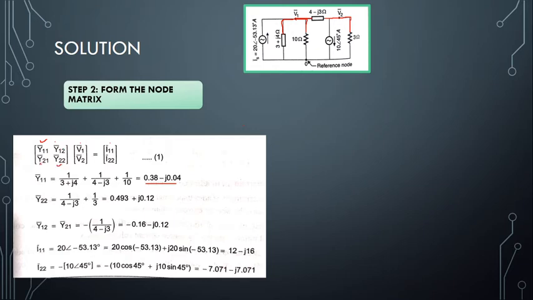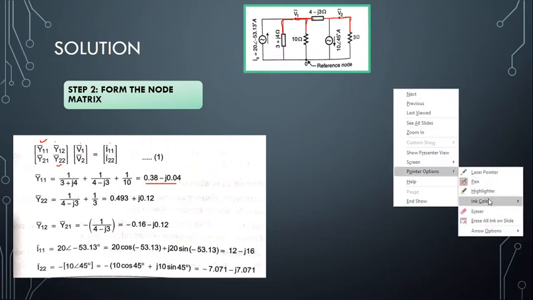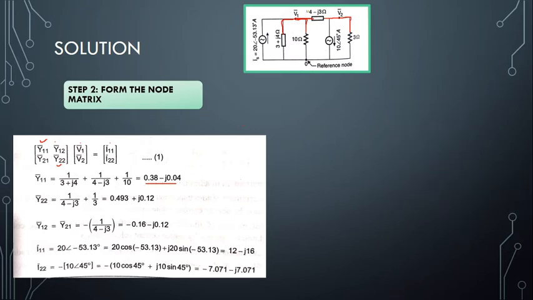Now what about Y12 and Y21? Y12 and Y21 are the common elements connected to V1 as well as to V2. Now check the circuit. Which element is connected in common to V1 as well as V2? If you see here, this 4 minus J3 ohm is connected to the point V1, and it is also connected to V2.